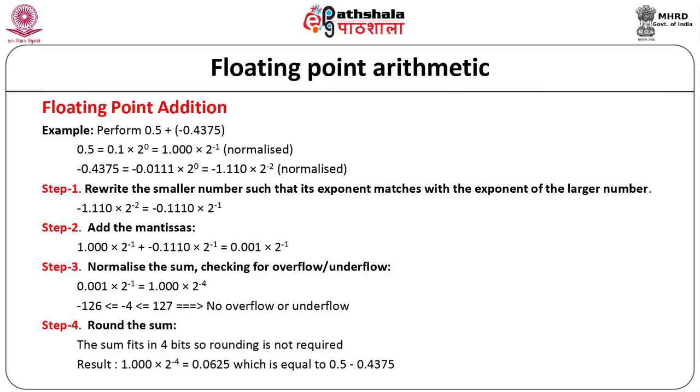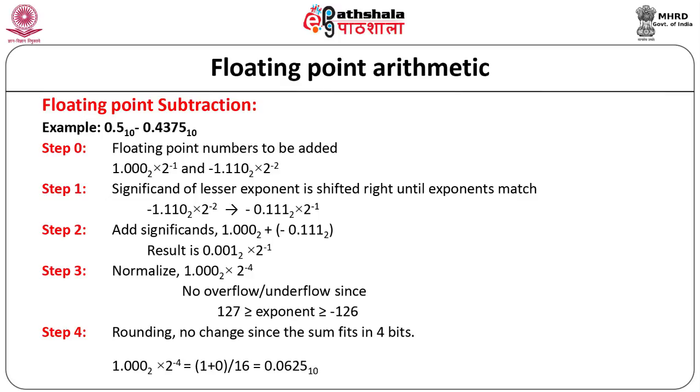Step number 2, add the mantissas. Step number 3, normalize the sum and check for overflow or underflow. And last step, round the sum. So, this is about the floating point addition.